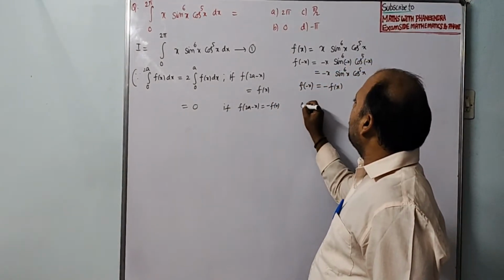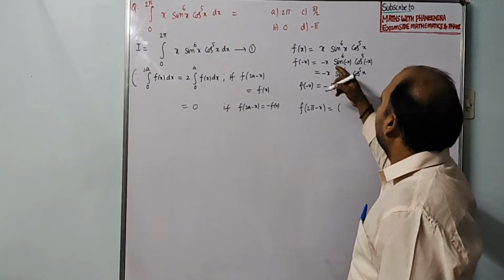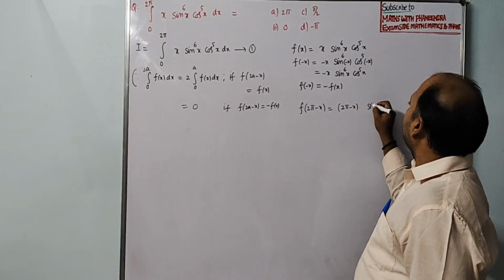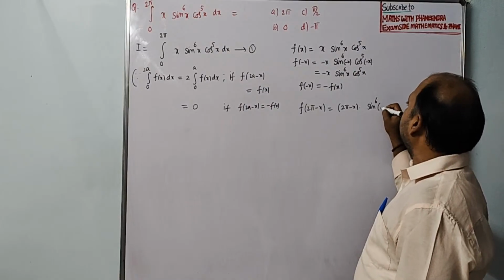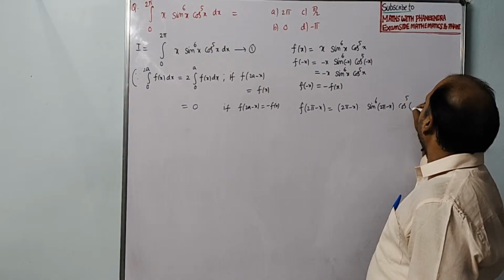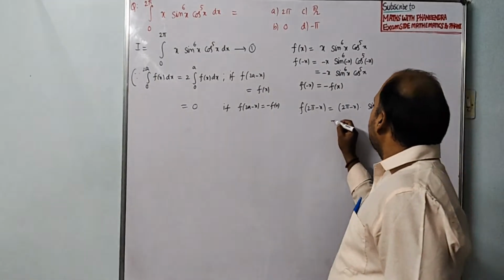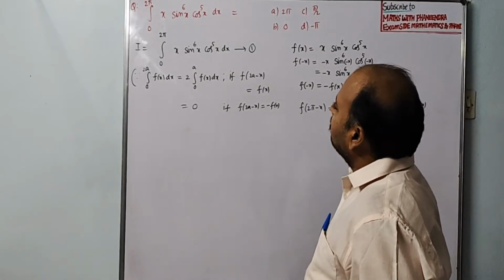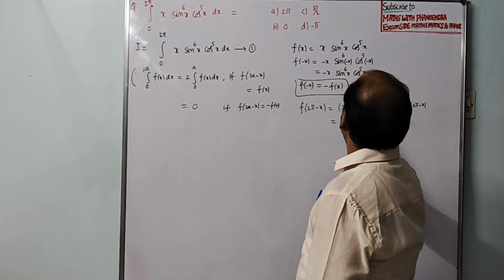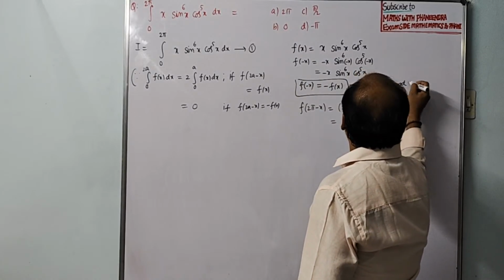Even if you check f of 2 pi minus x also, wherever x is there, 2 pi minus x into sine power 6 of 2 pi minus x, cos power 5 of 2 pi minus x. So clearly here f of minus x equals minus f of x, it is an odd function.